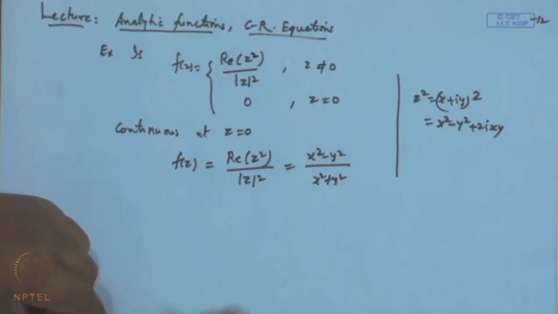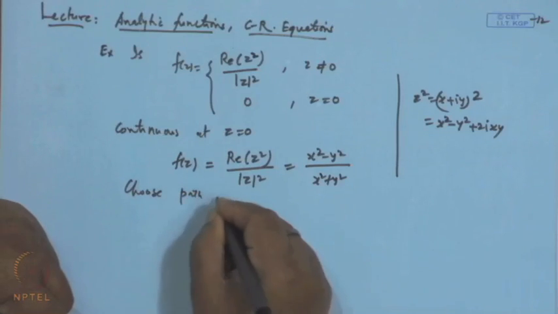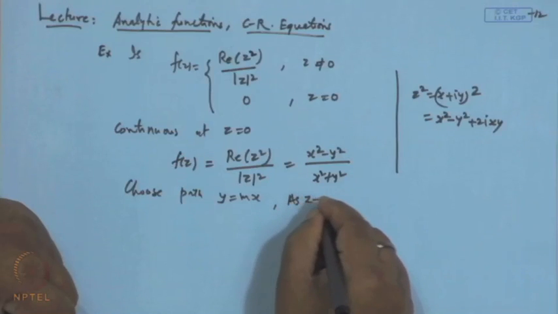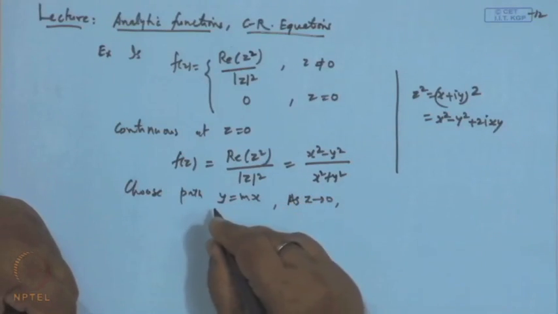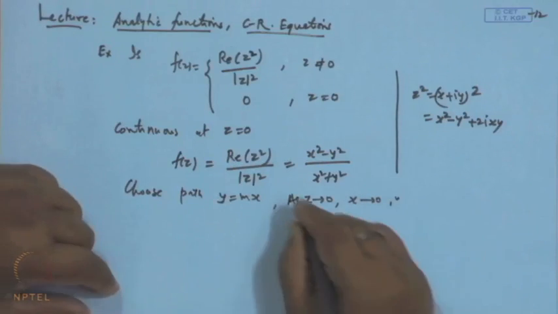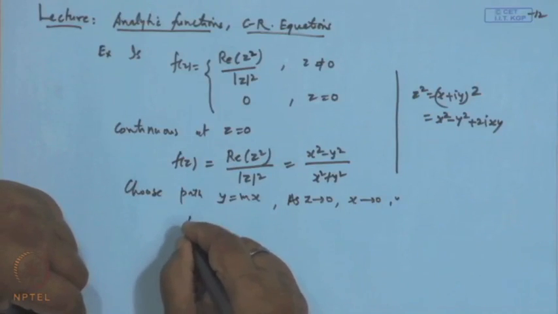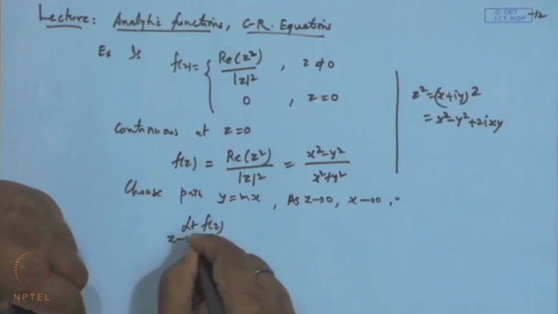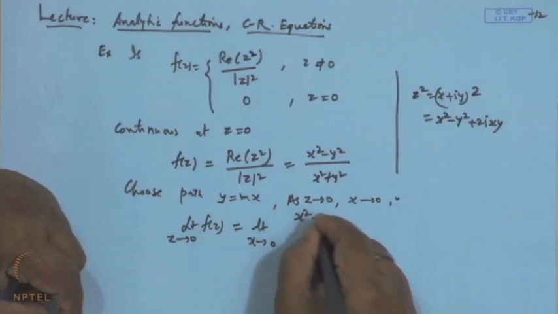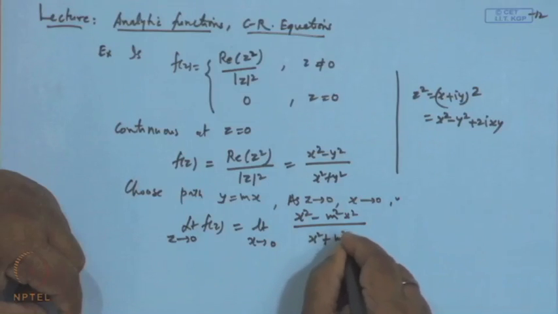So, let us start with various paths. I choose the path y equal to m x. As z tends to 0, x will tend to 0 and y will tend to 0. When you substitute y equal to m x, it reduces to a function of x. The limit of f(z) when z tends to 0 is the same as the limit as x tends to 0 of x square minus m square x square divided by x square plus m square x square.